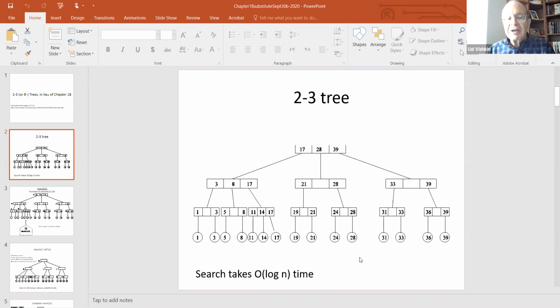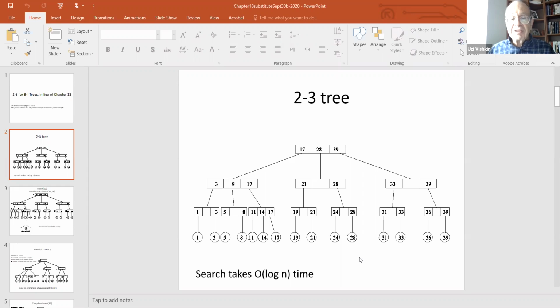Clearly, if it was a binary tree, it would be trivial, and it would be balanced, it would be log base 2 of n, right? It would be a full tree. If I had a ternary tree, meaning every node would have 3 children, it will be log base 3 of n, right?